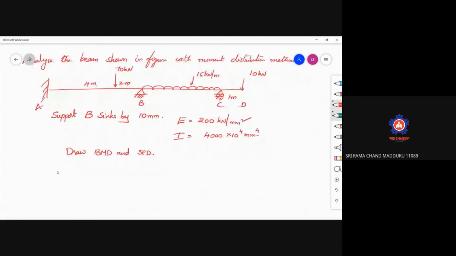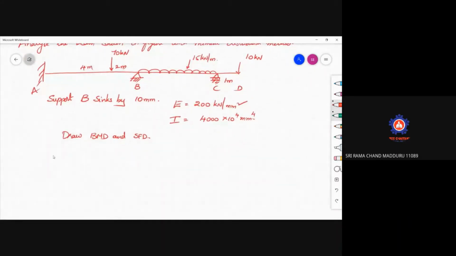So now just understand here, first of all, we need to calculate the fixed end moments due to loading. Here there are two things: the fixed end moments due to loading is one thing, and due to sinking of the support is the second one. So we need to calculate both.